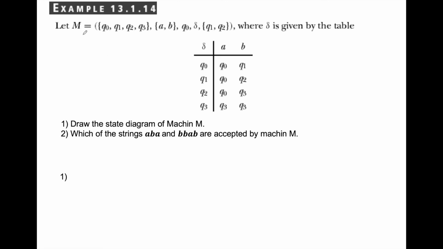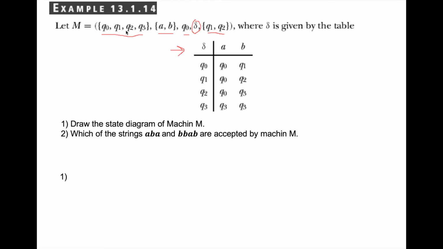We have a machine with 4 states, 2 symbols as an input, an initial state, and 2 final states. And here the delta is given from the beginning as a transition table. Now what do we need? We need just to draw a state diagram of machine M and check whether the strings ABA and BBAB are accepted by machine M. So first of all, to draw a state diagram, we just need to represent whatever we said in here.